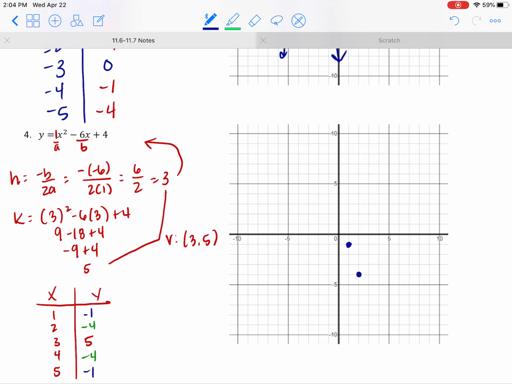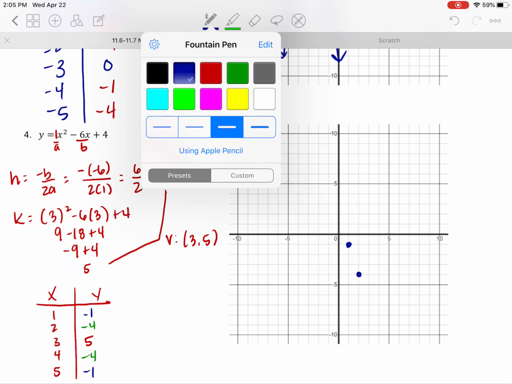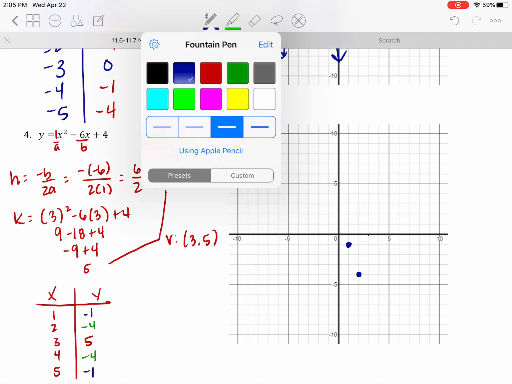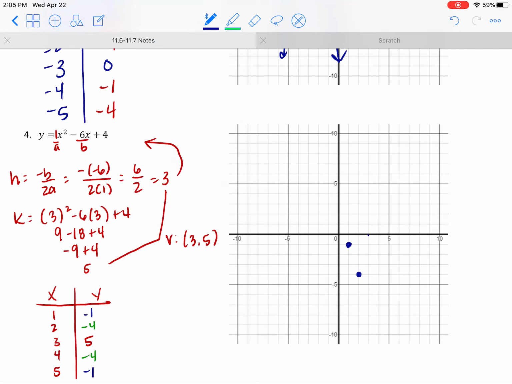So I'm going to plot a point at 1, negative 1, at 2 and negative 4, at 3 and 5. What did I do here? Oh, goodness. You see what happened, and hopefully you catch yourself doing this too.